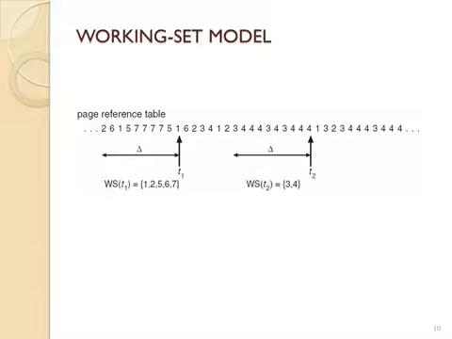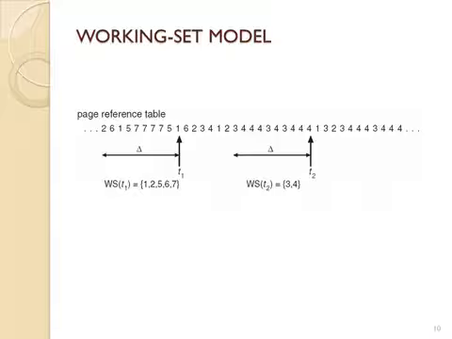This process referenced page 2, then 6, then 1, then 5, then 7, then 7, then 7, then 5, then 1. So if you pick a delta, which says how many references were made, so this delta is a particular size, and then you say, okay, in that section, this working set, the pages that were referenced here were pages 1, 2, 5, 6, and 7. And then in the same working set model later on, the pages that were referenced here were pages 3 and 4.